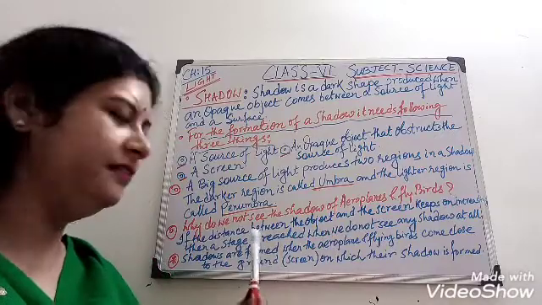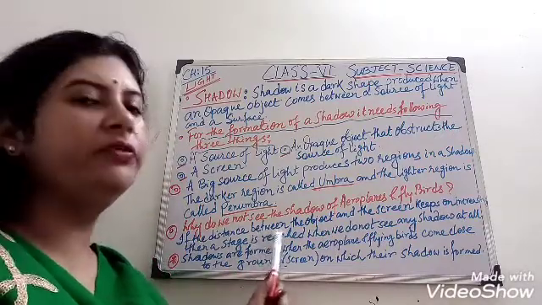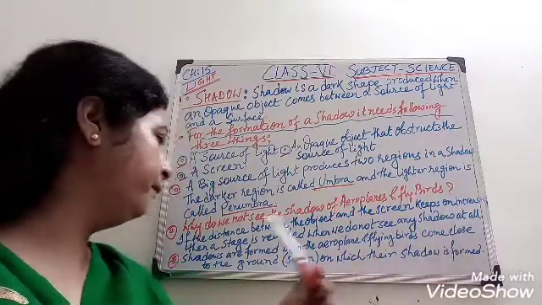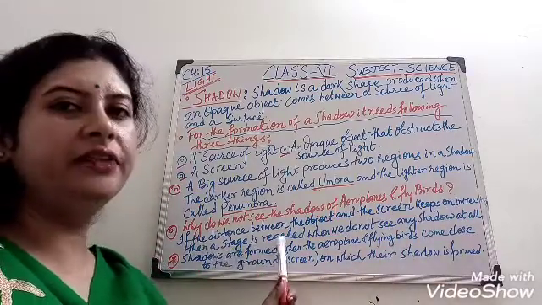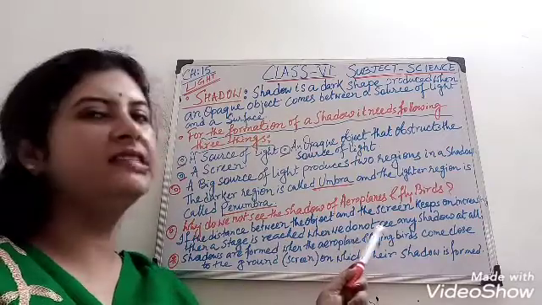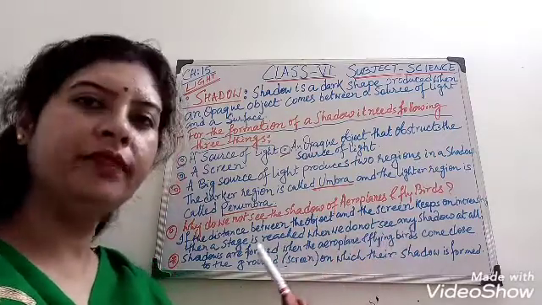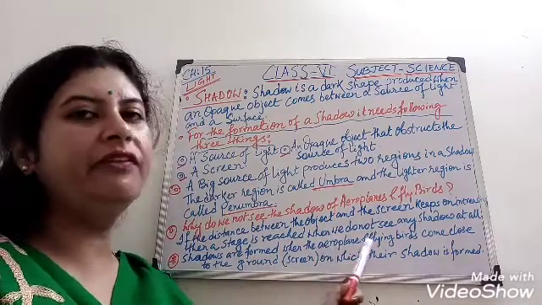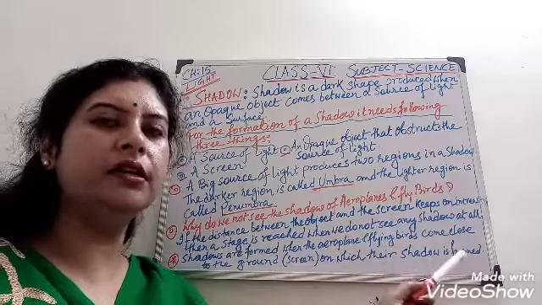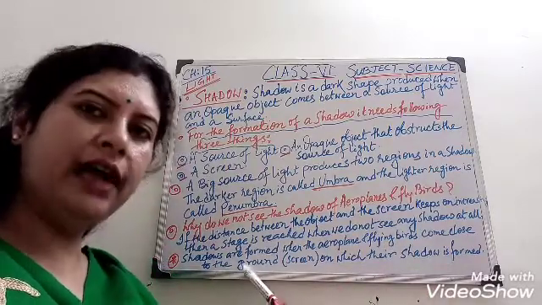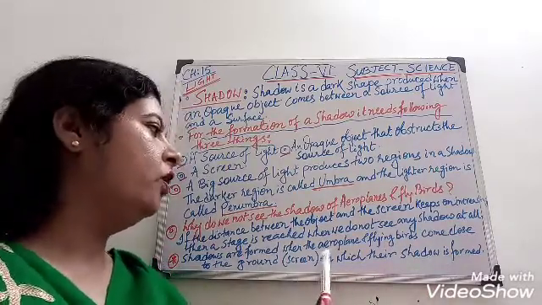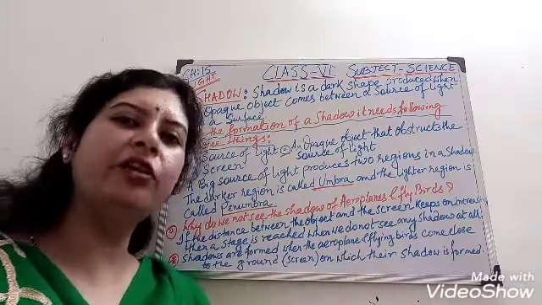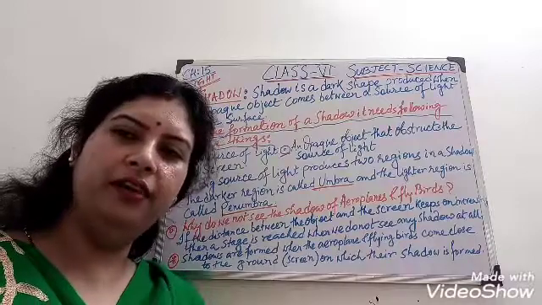The reason is, if the distance between the object and the screen keeps on increasing, then a stage is reached when we do not see any shadow at all. Shadows are formed when the aeroplane and flying bird come closer to the ground or screen on which their shadow is formed. Hope this shadow concept is clear to you all.